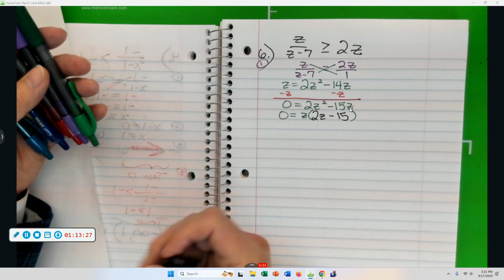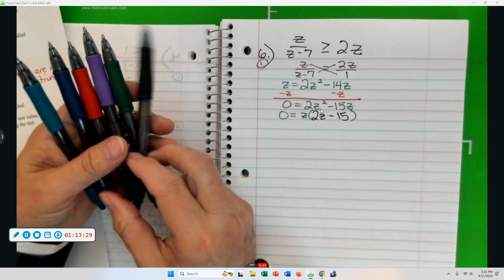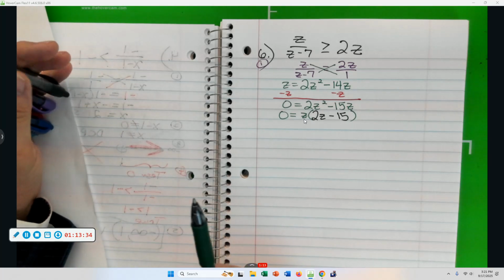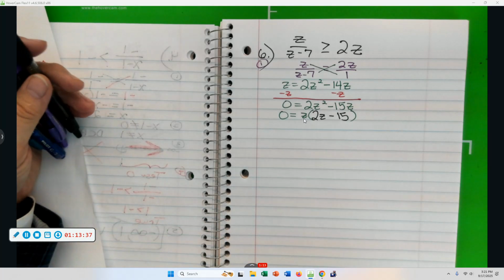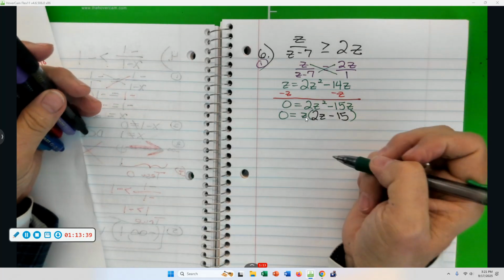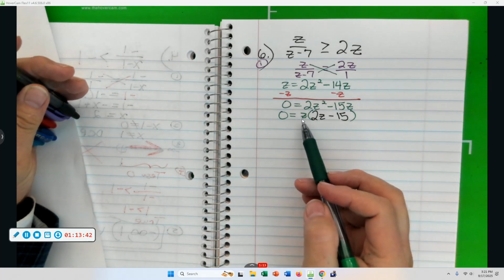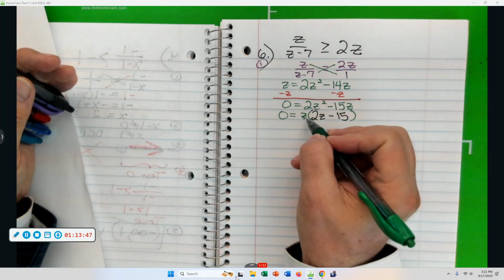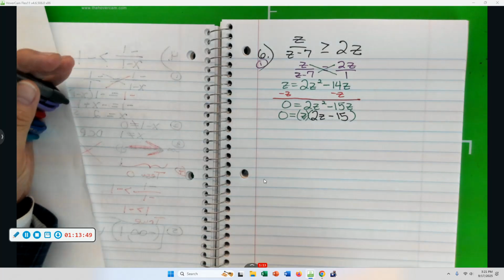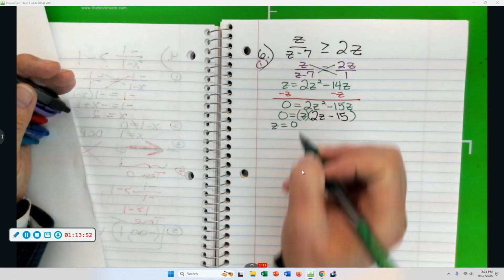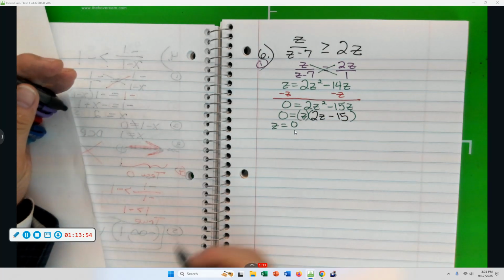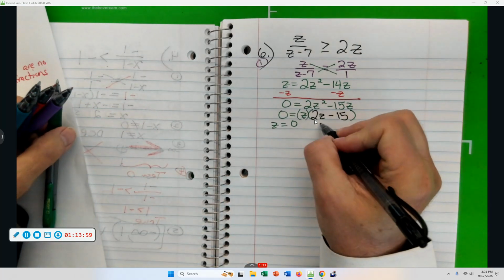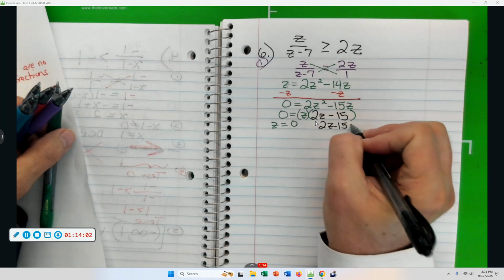It's easier to factor these like this than trial and error. But it gets a little tricky now. You set each factor equal to 0, including that z right there, which is a factor. You have to set that monomial factor z equal to 0. So there's one of our solution cut points, and it's already solved for z. Then you set 2z minus 15 equal to 0.